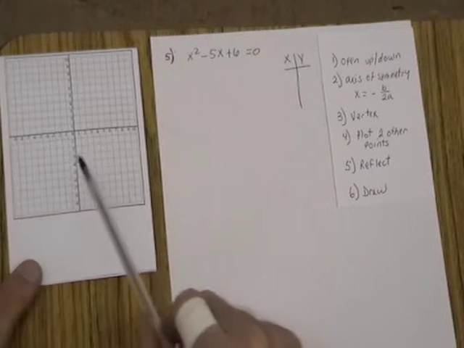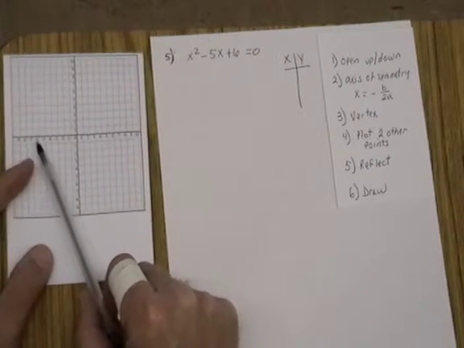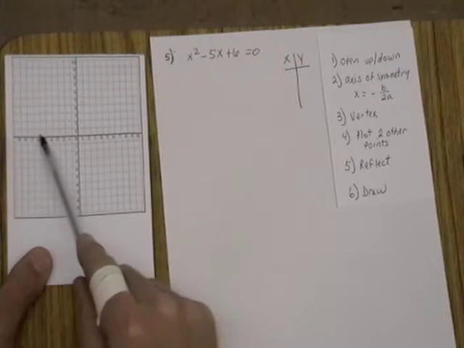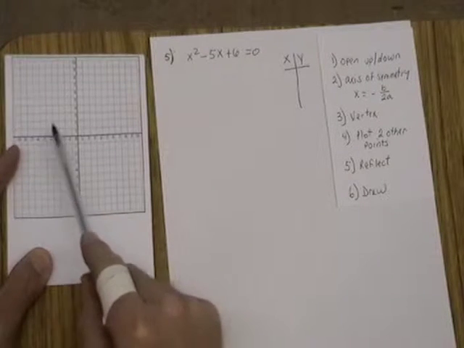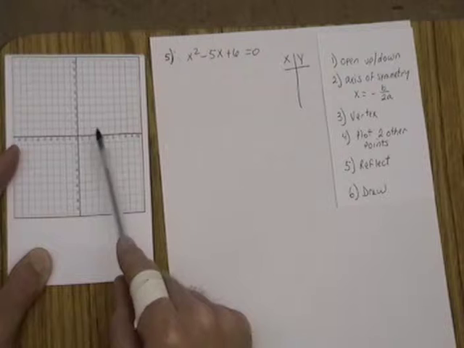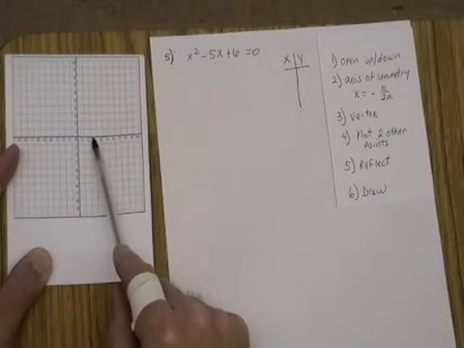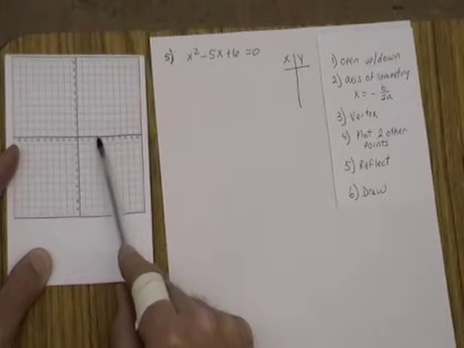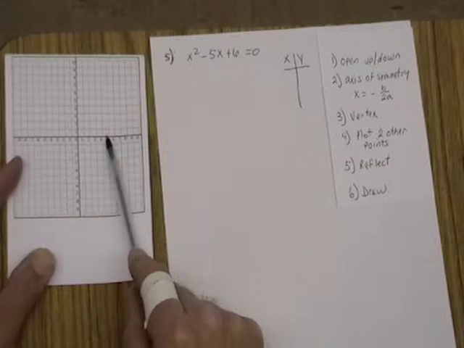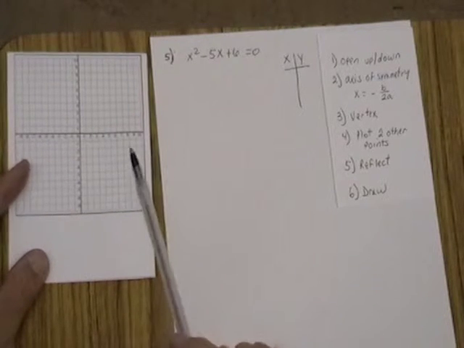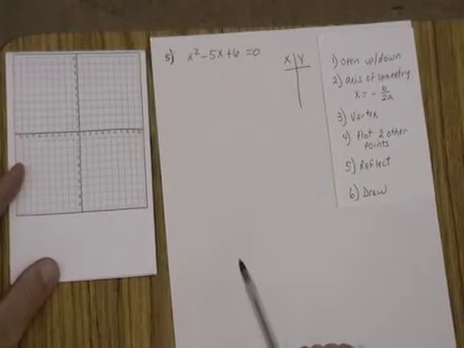Of course, that's going to be on the x-axis somewhere, because that's the place where y is always 0. So we're trying to find the point or points on the x-axis, and once we do that, we know what values of x will make y 0.